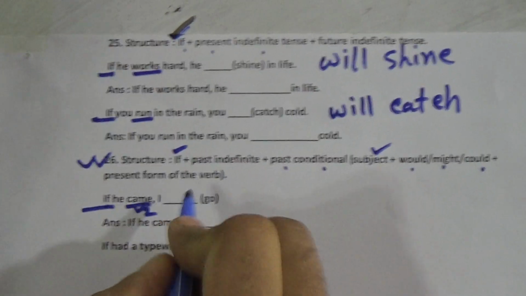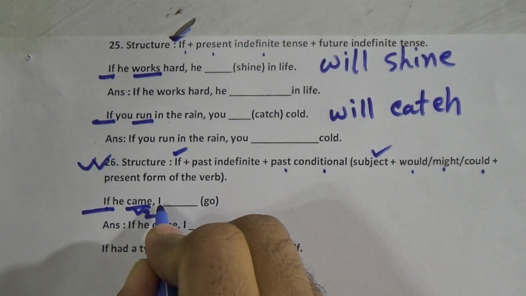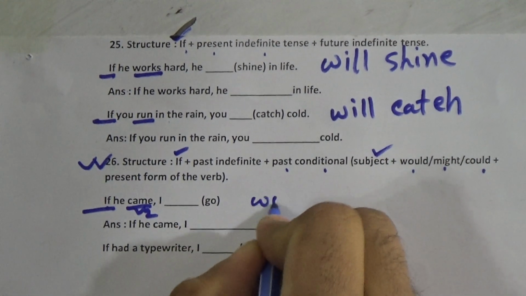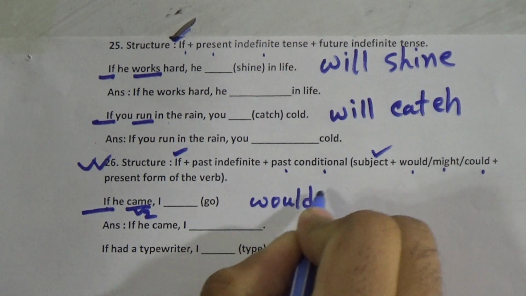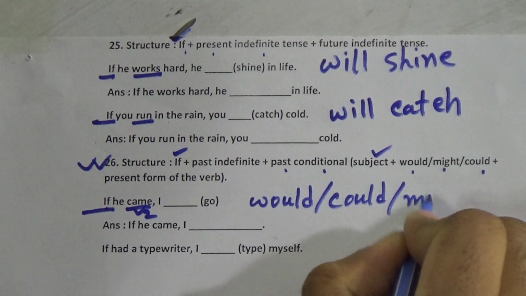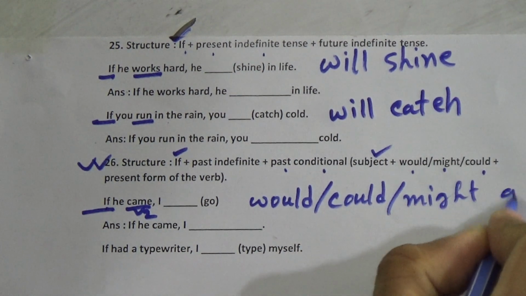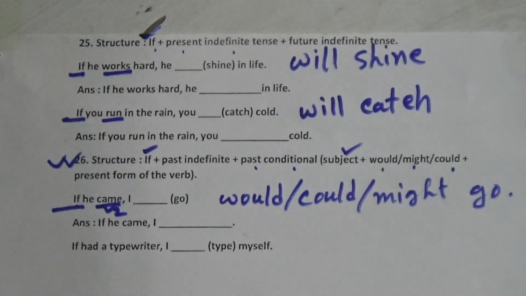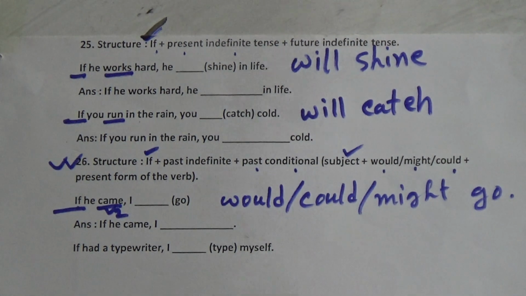If he came, I would, or could, or might go. Dear students, you can use I would go or I could go or I might go, any of the three.